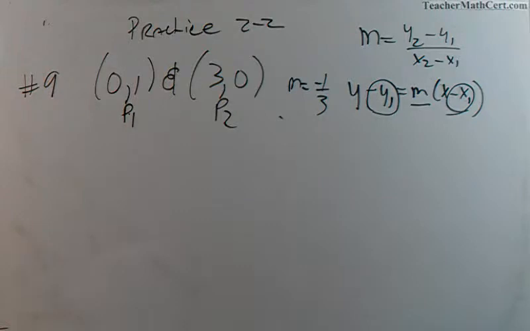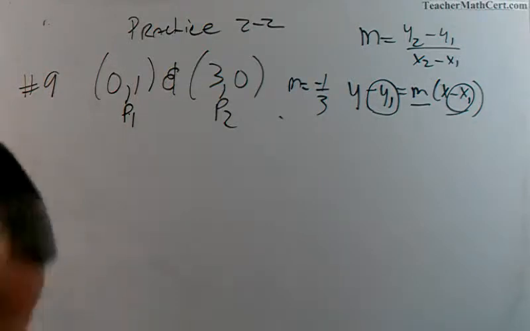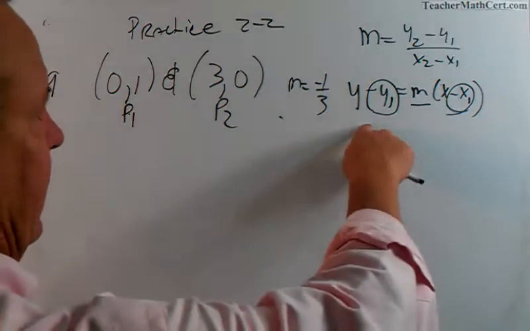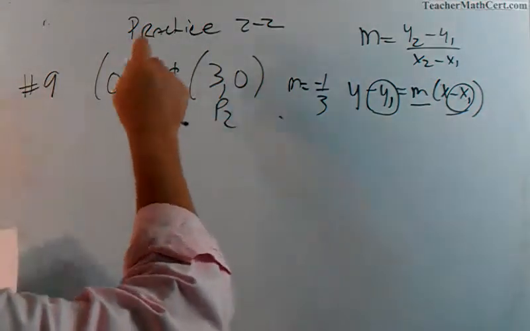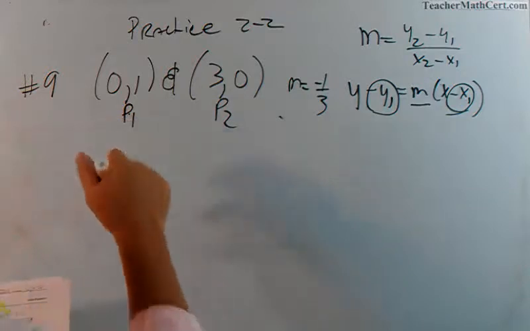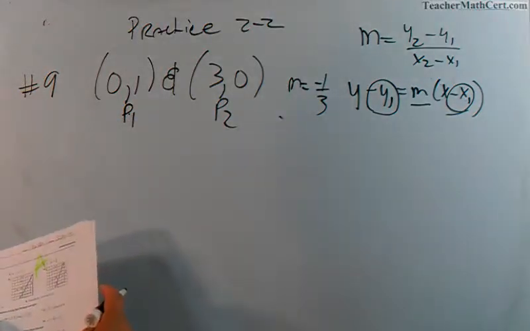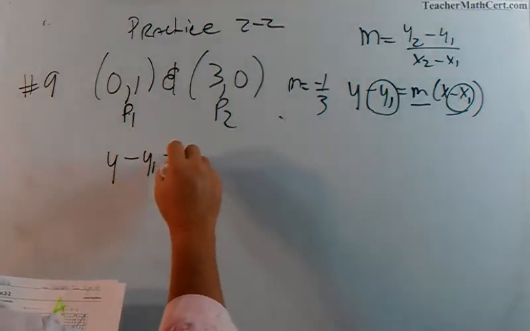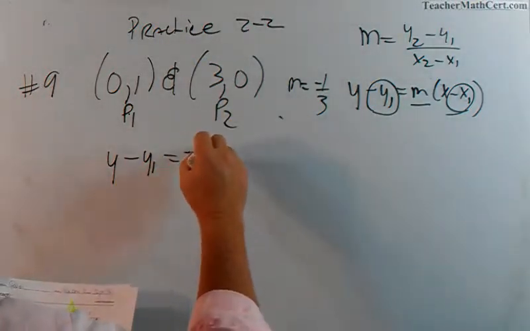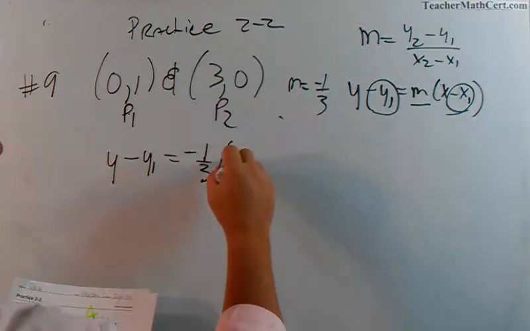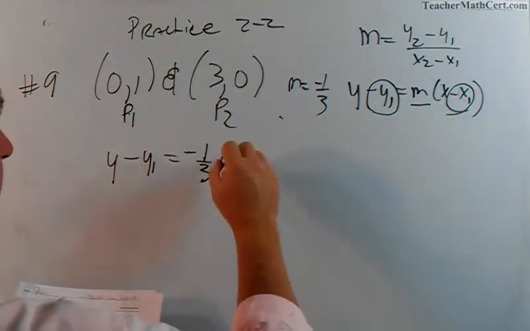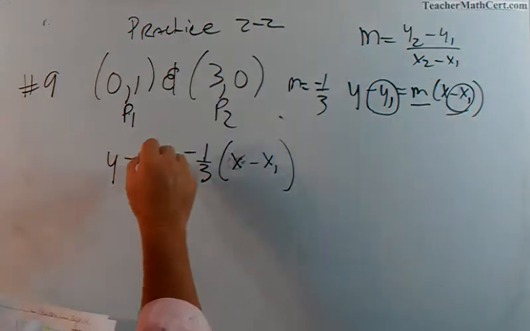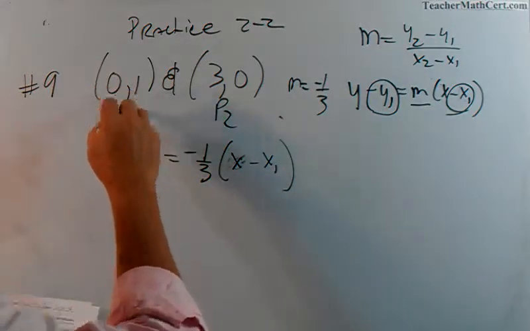Number 9, let's see. So far so good. And we just need to pick a point now, right? It doesn't matter which one you pick. Let's just pick point 1. So we've got y minus y sub 1 is equal to m, which is now negative 1/3, times x minus x sub 1. So all we've got to do now is pick a point and fill these in.